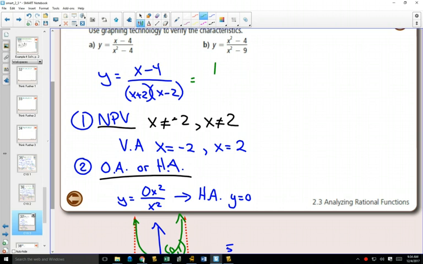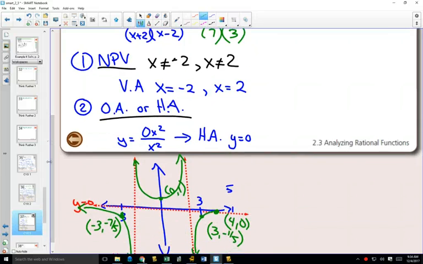So when I plug in 5, I'm going to get 1 on the top. And I'm going to get 7 here and 3 here. I'm going to get 1/21. So I get a point that's just barely above. And then after that, it's got to go towards the asymptote. So it just comes above the graph momentarily, and then it tends back towards the asymptote.